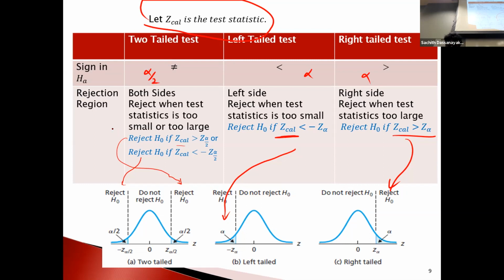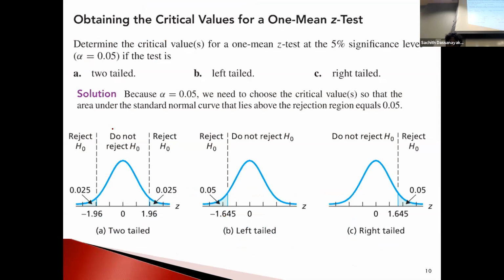Clear? Okay, let's see. Still we don't have a test statistic value. What do they need to find? One mean. Everything we are talking about in this chapter 9 is also about one mean.